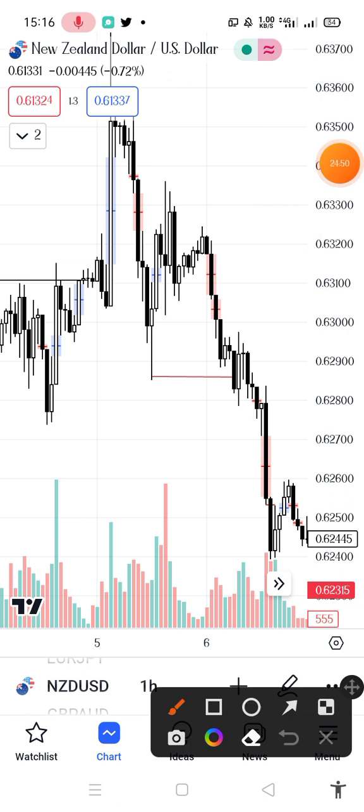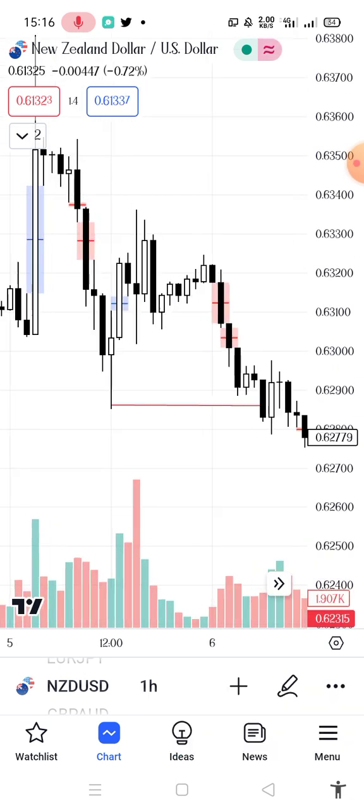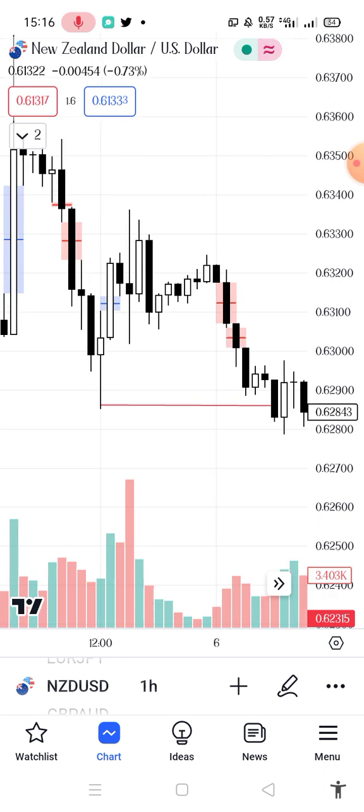Now take a look at this place. You see this expansion, it left imbalance, right? Now the last bullish candle in a downtrend, remember I told you this white candle is my bullish candle. Anytime it's going up is the white candle.